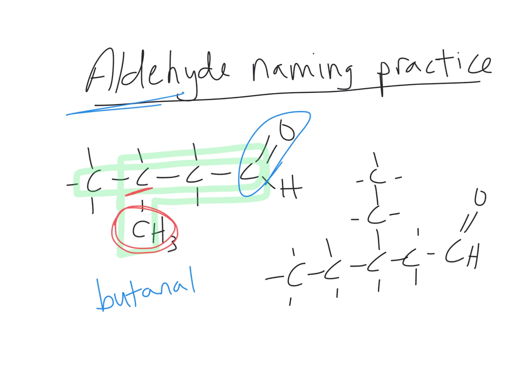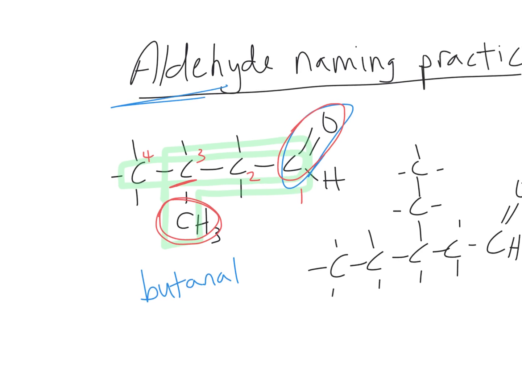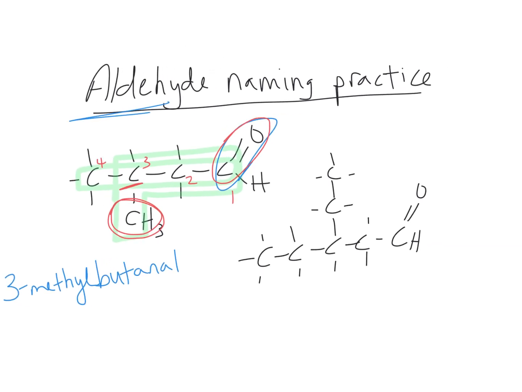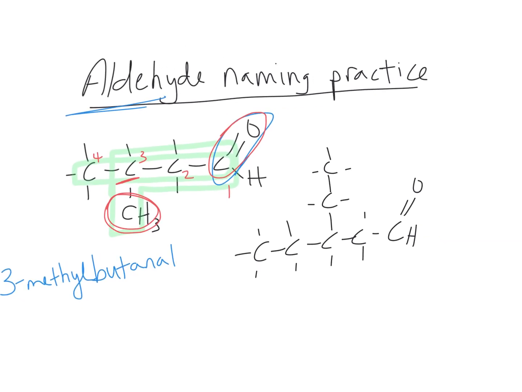In this case, we give the carbonyl group priority. So we're going to number this carbon 1, 2, 3, 4 like that. So this is going to be 3-methyl butanal. That's the proper name for this. And I almost left myself space to write it. 3-methyl butanal.